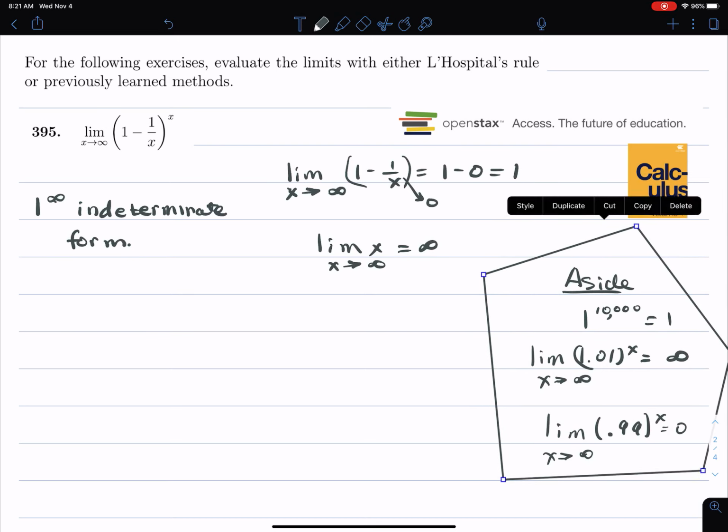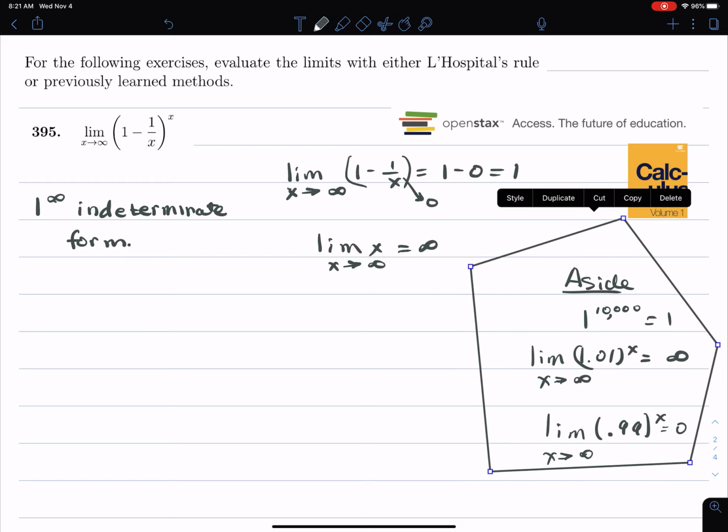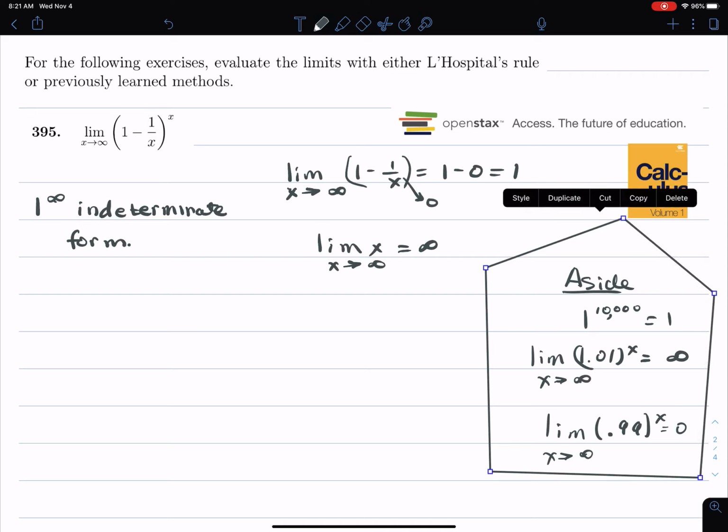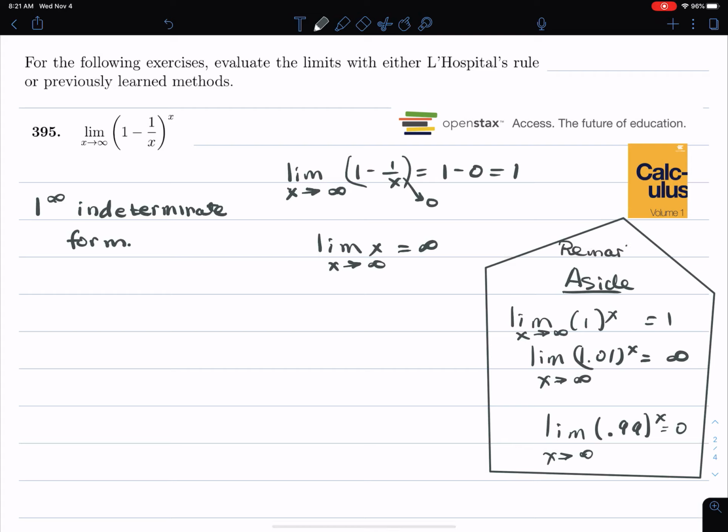So that's why it's an indeterminate form. Same idea, I could write the limit of 1 to the x as x goes to infinity. So like 1 to the 1,000, it's 1.